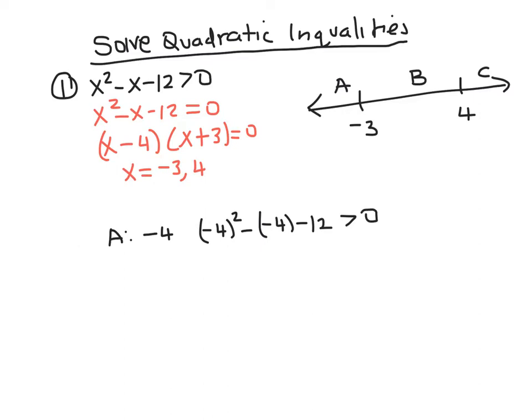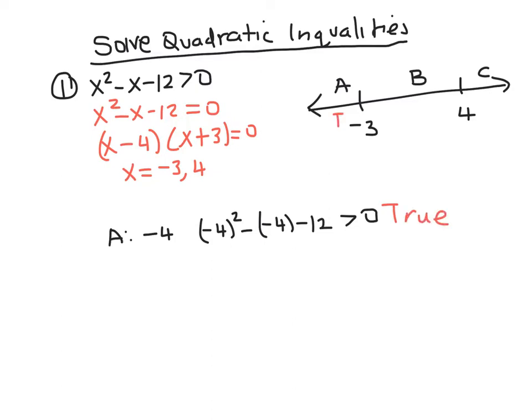This is 16 plus 4, which is 20, minus 12. Is this true? I see this is more than 0, so I'm going to put T there, because that's true.